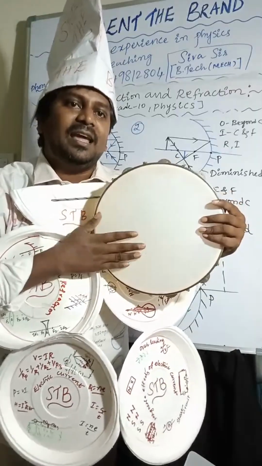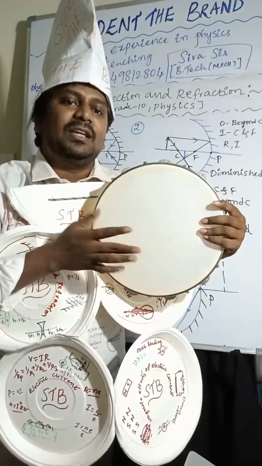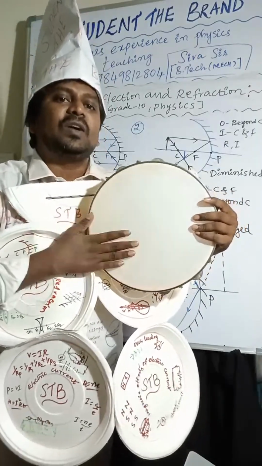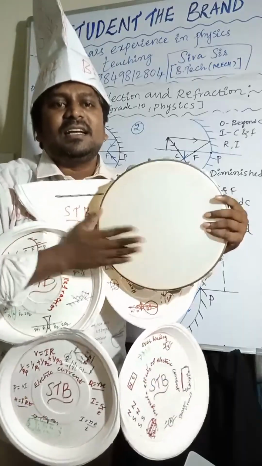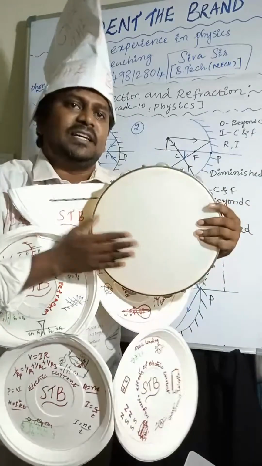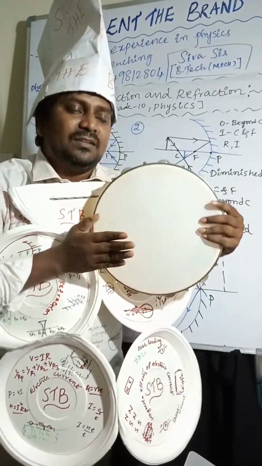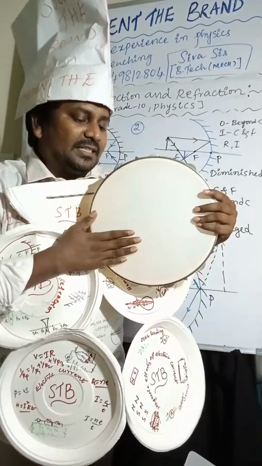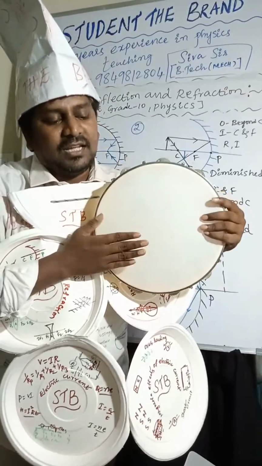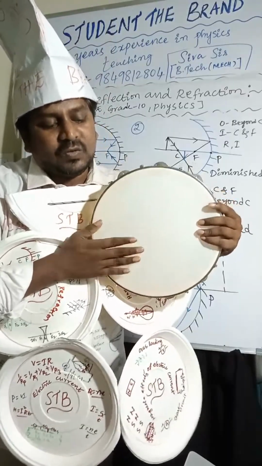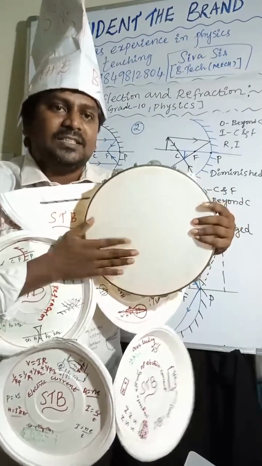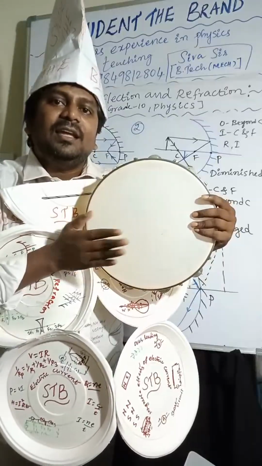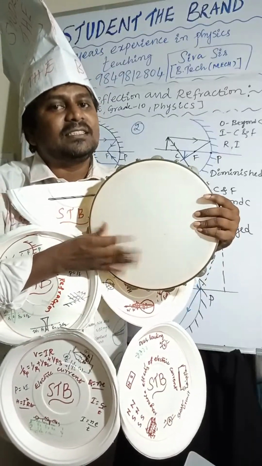Distance is negative below the principal axis. New Cartesian sign convention.